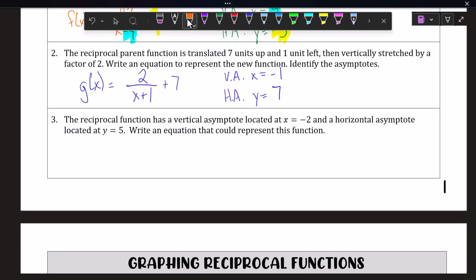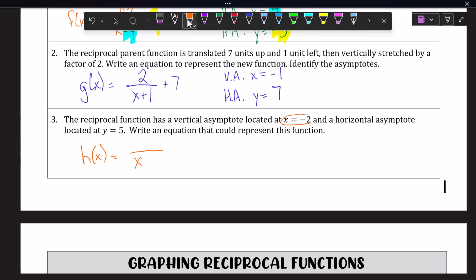We got one more of these. The reciprocal function has a vertical asymptote located at x equals -2 and a horizontal asymptote located at y equals 5. Write an equation that could represent this function. So we can put, for the most part, anything we want besides 2 spots.